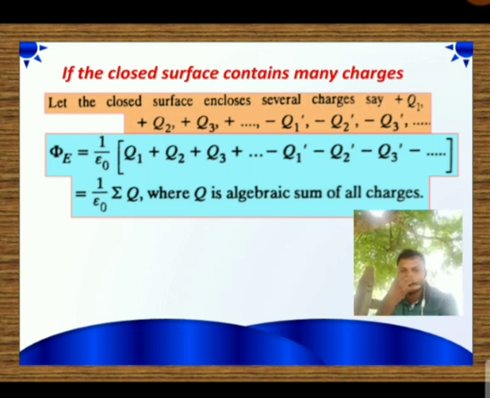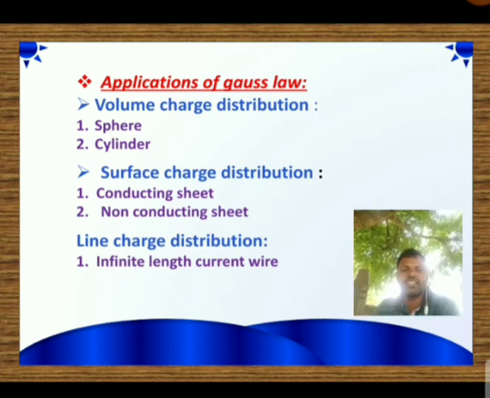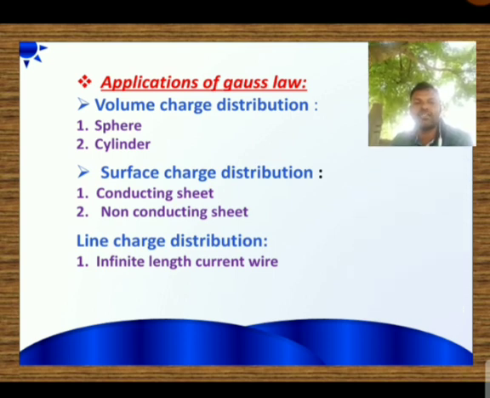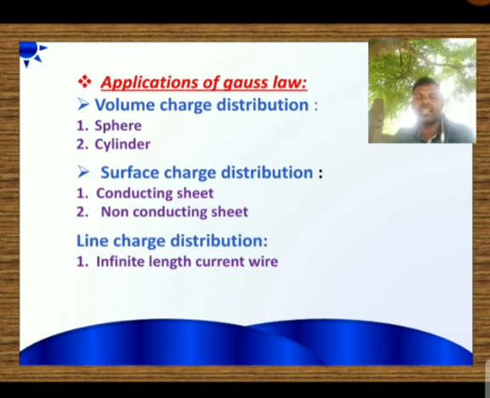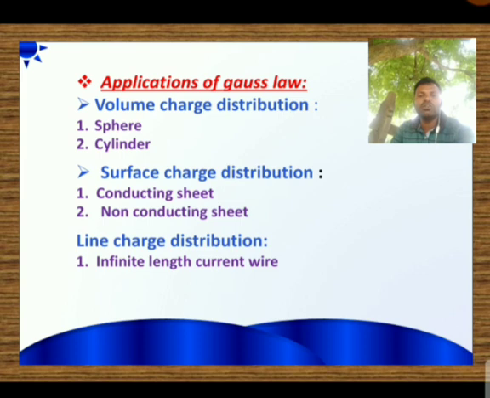This is Gauss law. Next, applications of Gauss law. Gauss law is mainly helpful to find out electric field intensity at different points due to various charge distributions. That means volume charge distribution. If there is a charge on a sphere or a cylinder, then you can find electric field intensity.